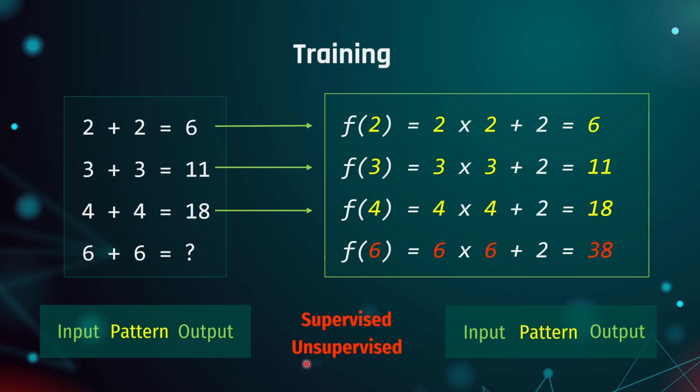And what do we mean by unsupervised? In case of unsupervised learning, we only train the model using the inputs, okay? We don't provide the output. We don't tell our model the explicit outputs. We let the model figure out the outputs themselves, okay? And this is exactly how our GPT models are trained, okay?